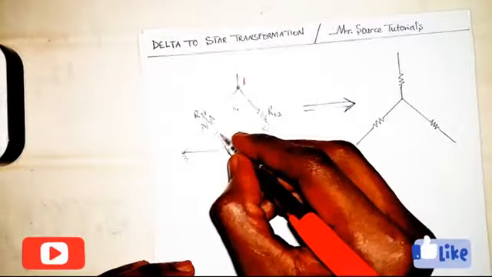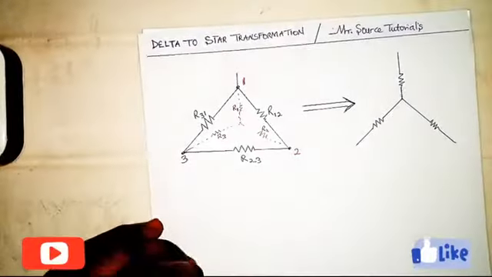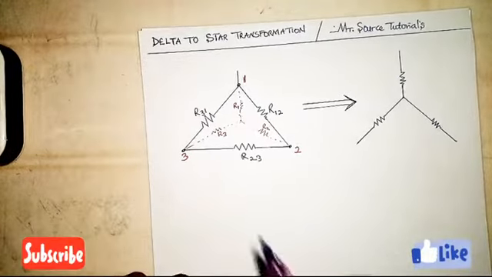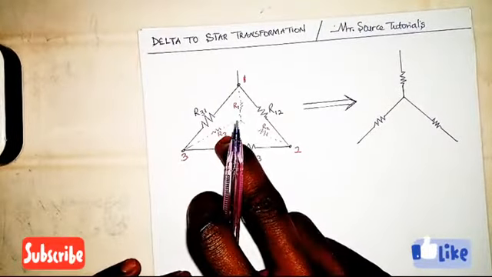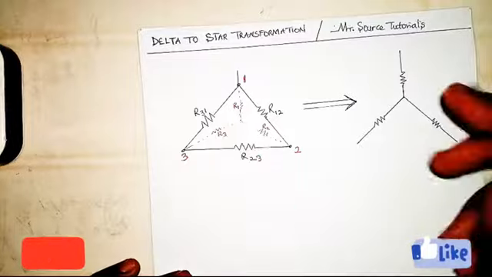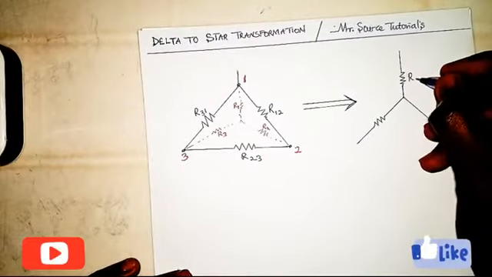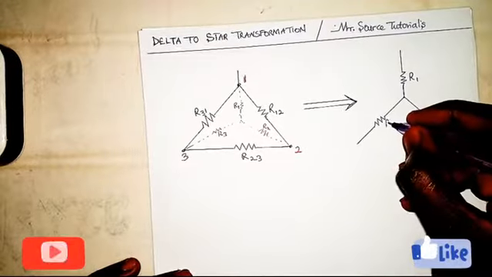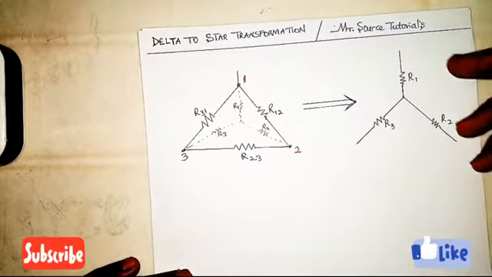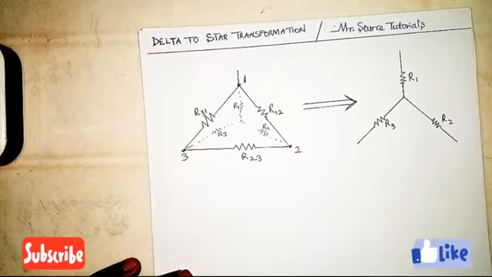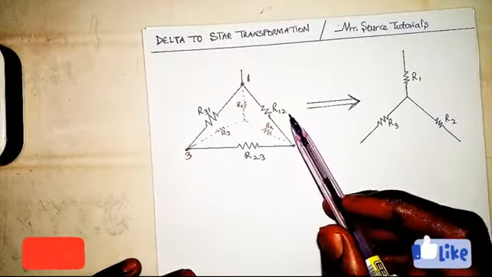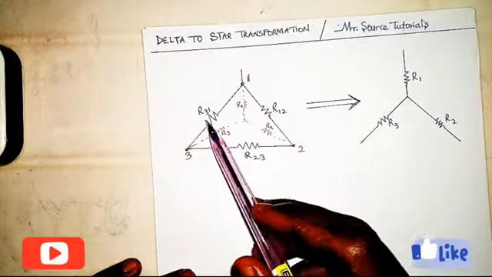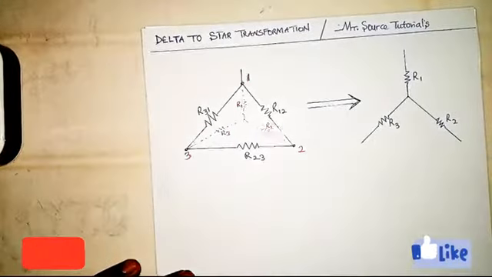Call this R3. So we can boldly say that our transformation from this delta will give us a corresponding value in this star as R1, R2, and R3, numbering them in a clockwise direction. The values of R12, R23, and R31 will be given.